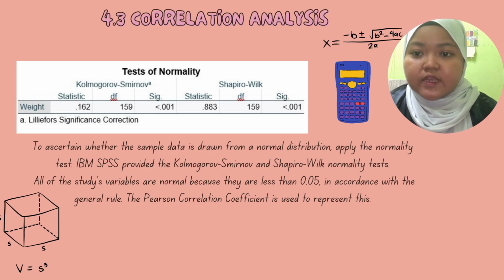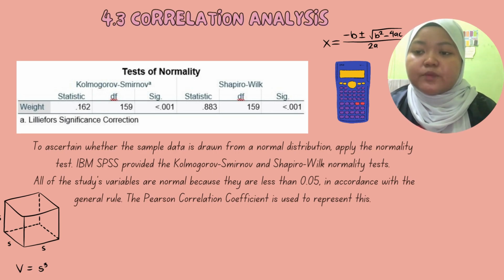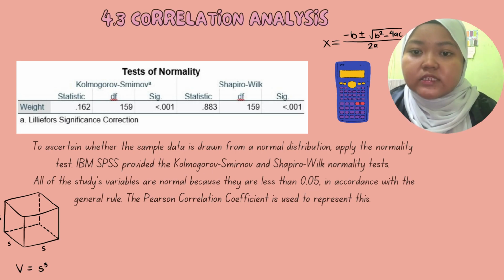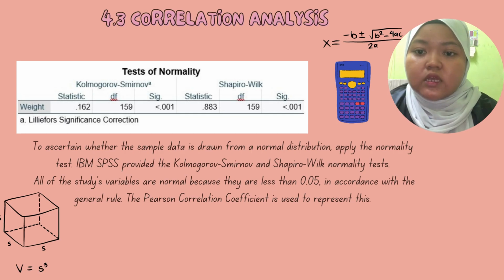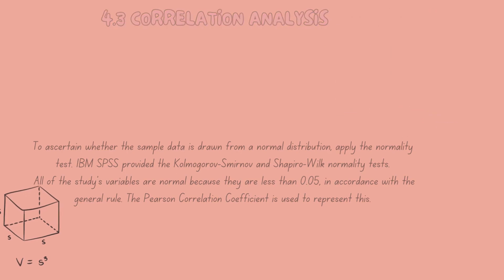IBM SPSS provides the Kolmogorov-Smirnov and Shapiro-Wilk normality tests. All of the study variables are normal because they are less than 0.05 in accordance with the general rule. The Pearson correlation coefficient is used to represent this.